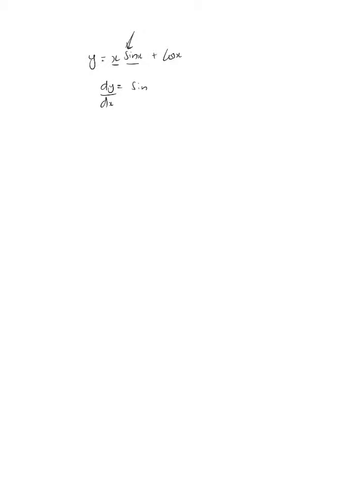So sine of x plus, keep it constant, differentiate that, cosine of x, right? Plus, just have to differentiate this. So cosine is minus sine, right? So this and this fall off. X cosine of x, right?